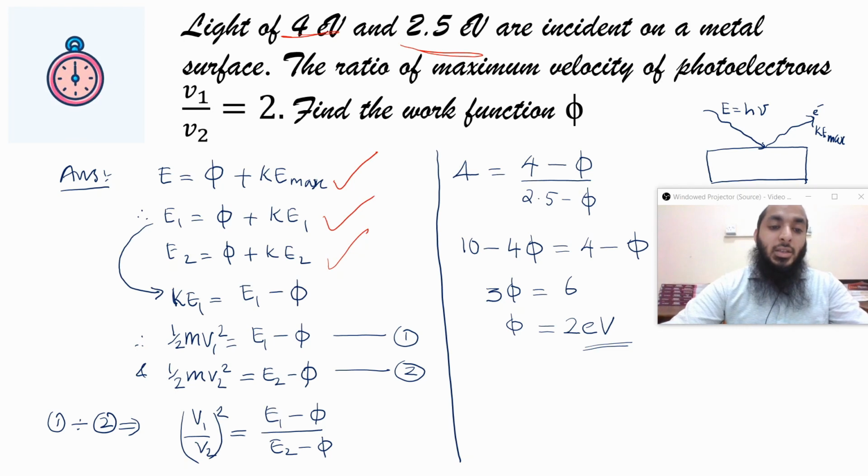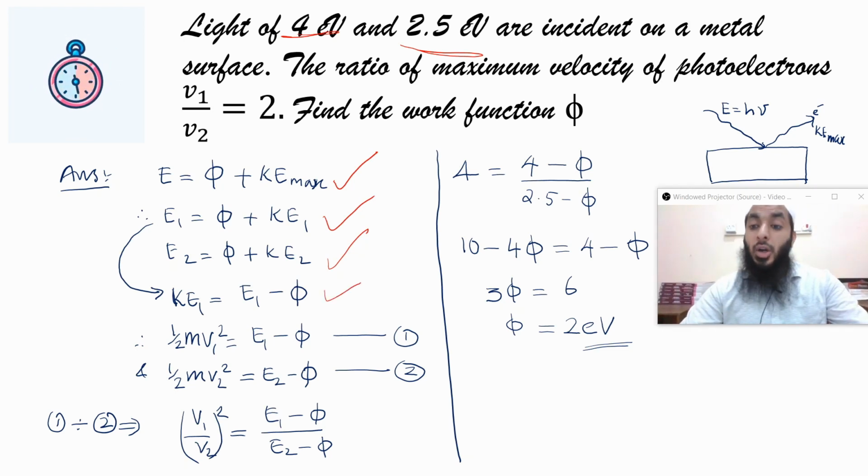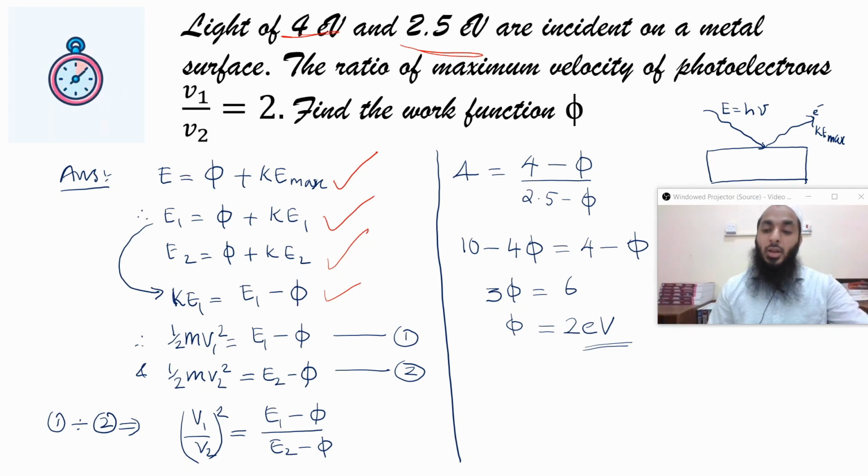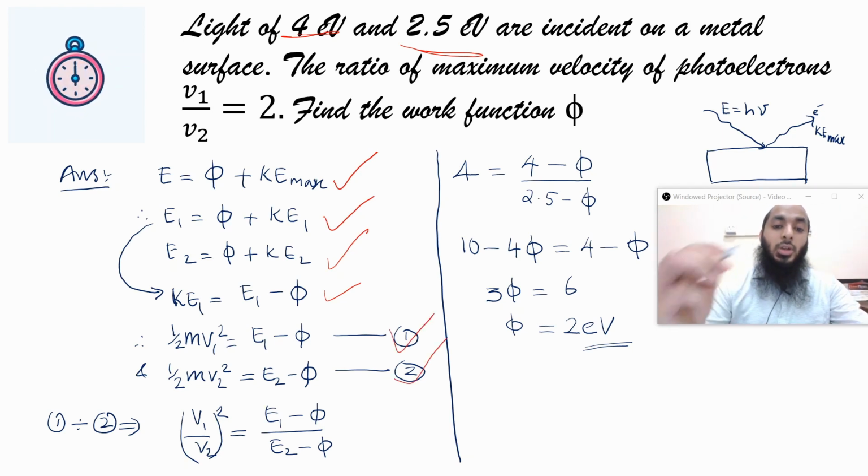We can rearrange: KE1, the kinetic energy in the first case, is equal to E1, the energy of the light photon, minus phi, where phi is the work function. Again, we can substitute kinetic energy is equal to half mv square, and write two equations based on both the light sources.